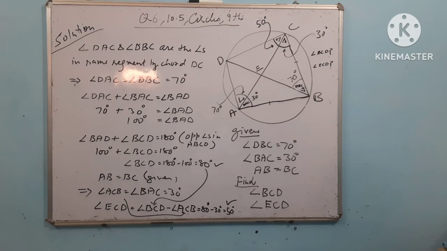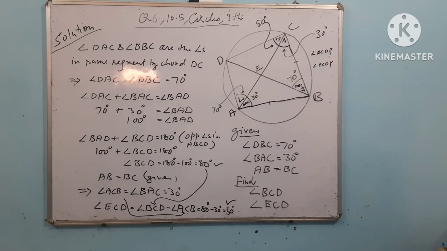Also, we are given that side AB is equal to BC, and we have to find the angle ECD.